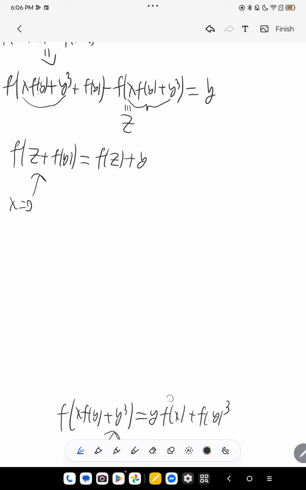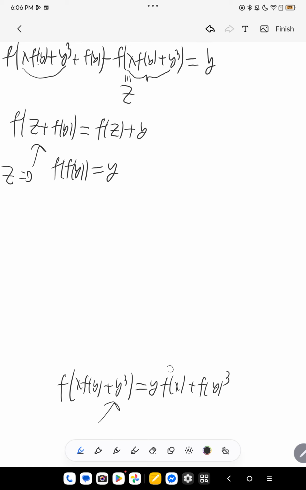So if we put, actually z, I'm sorry, let's put z, 0 here, and we get f(y) equal to y. Okay, so now let's replace y with f(y), and we get that f(z plus y) equals f(z) plus f(y).